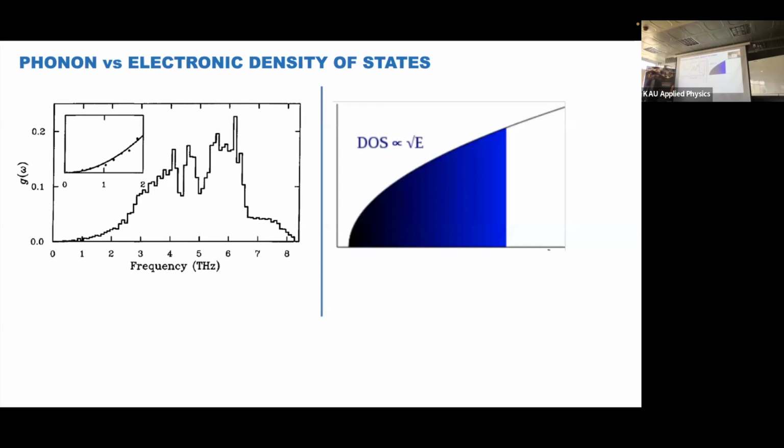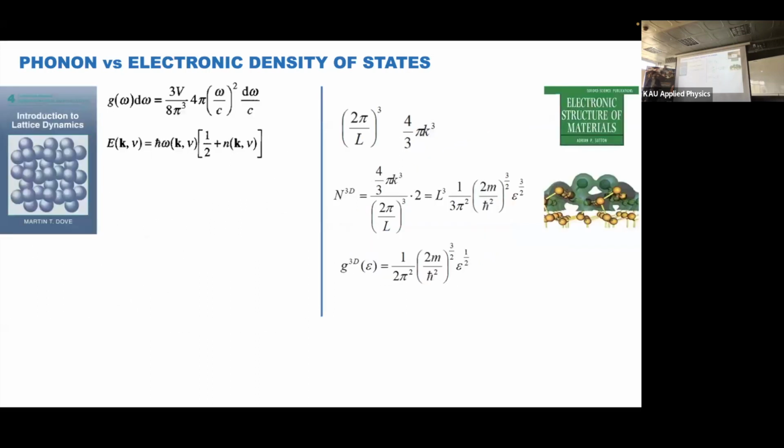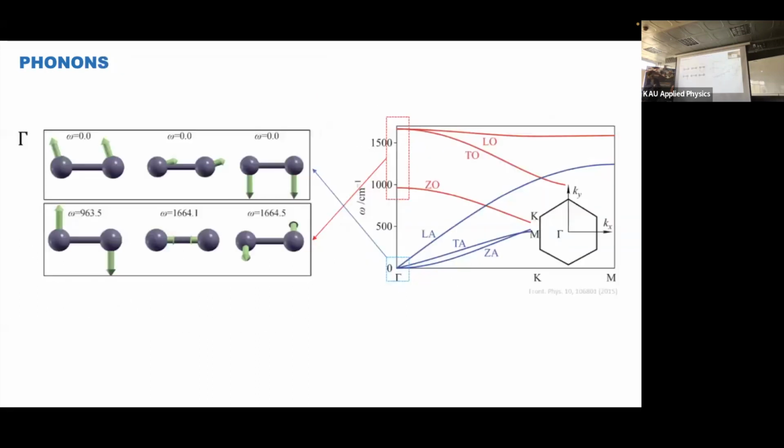So we should calculate each state in this plot, like here. By the way, why do we have such a low amount of DOS till some frequency? Because here we have only 3 acoustic modes, and they are at some angles.